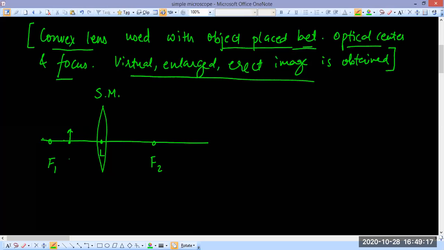Okay, first focus. So now we will get an enlarged image. One ray you can draw going from here like this, right? Okay, right?